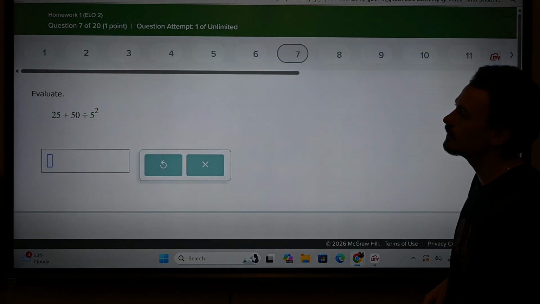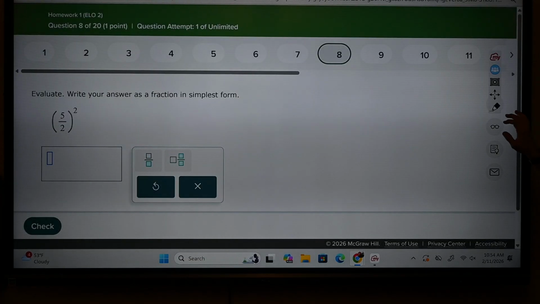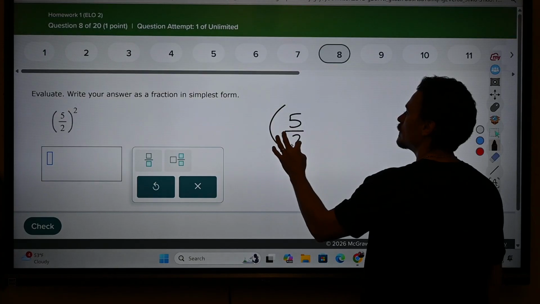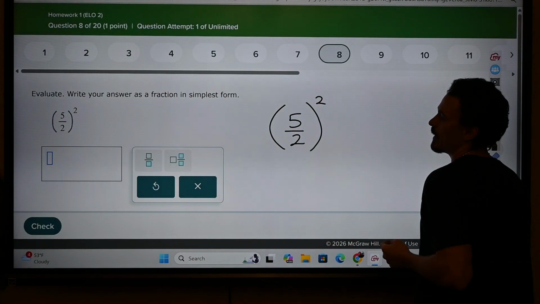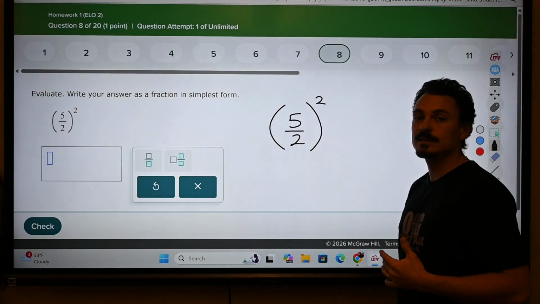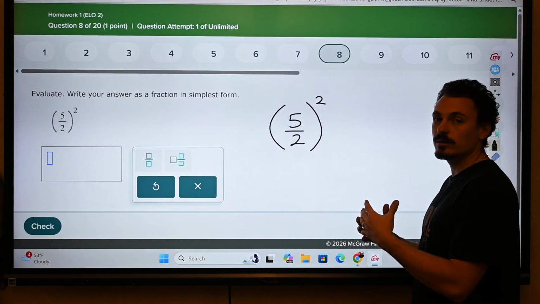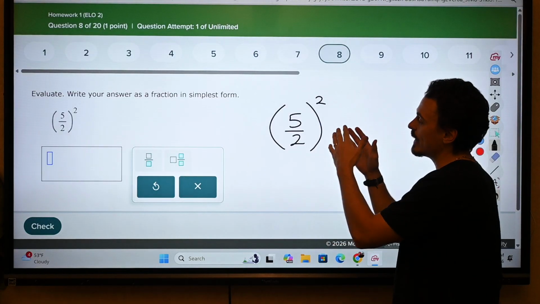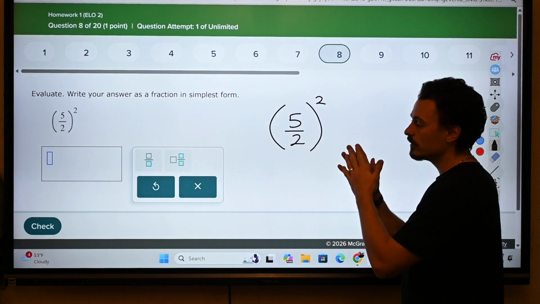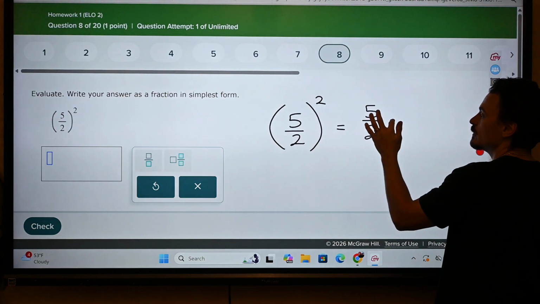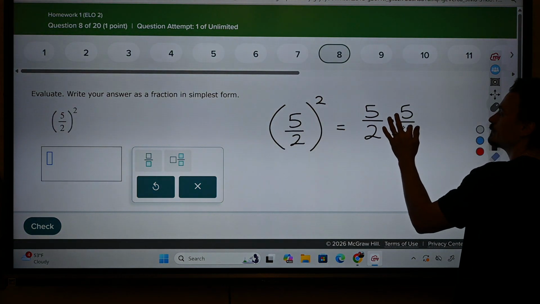Let's go to number 8. Number 8 is taking a fraction, 5 over 2, and raising that to the second power. I have a phrase in my class. If you're in my class, you know it: if you're ever in doubt, expand it out. So if you have exponents, when in doubt, expand it out. So this would be 5 over 2 times 5 over 2.